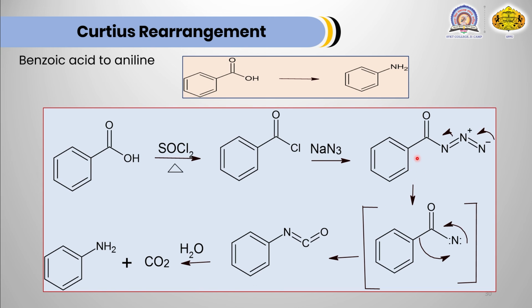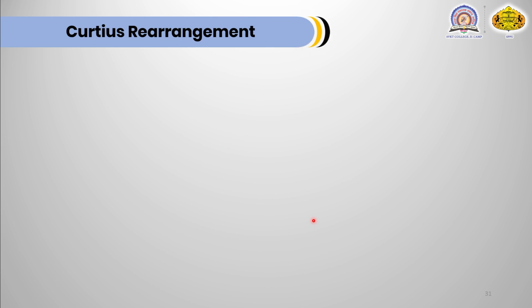Then rearrangement takes place, and the phenyl ring migrates from the carbon to the electron deficient nitrogen. Isocyanate is obtained. Isocyanate on reaction with water, that is hydrolysis of this isocyanate, produces aniline and carbon dioxide as products.